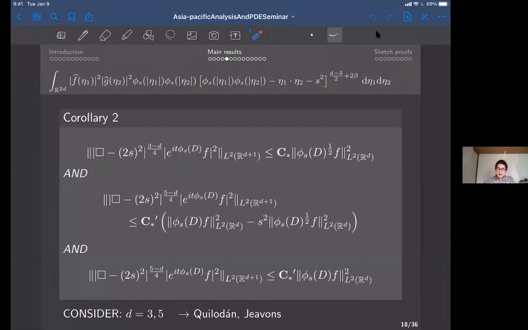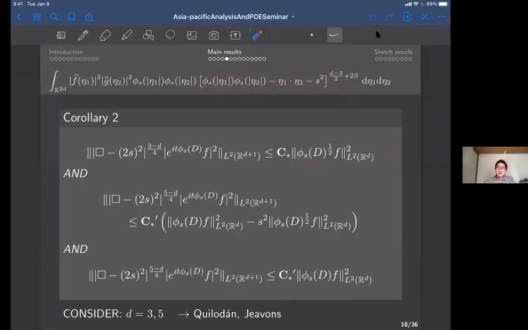And actually this is still not so nice, but there are some cases where we can go further. And the nicest case is when the power is 0, which is when beta is 3 minus d over 4. Then now we have nothing here, so you can just reorganize it into this Sobolev norm. That's the first one.